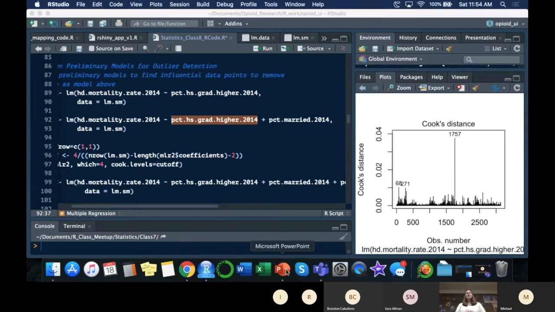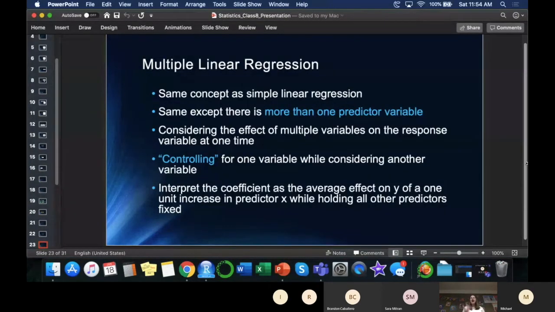And here, exactly what I just said. Interpret the coefficient as the average effect on Y of a 1 unit increase in the predictor while holding other predictors constant. So this is a mathematical way you would explain this to somebody, and you can see why this is a weight here.